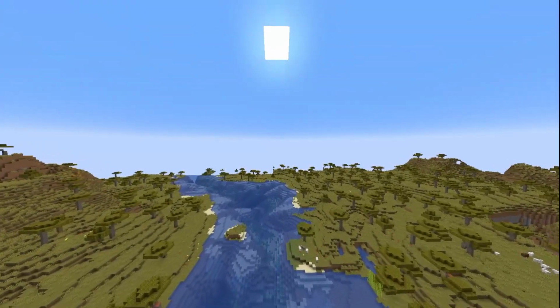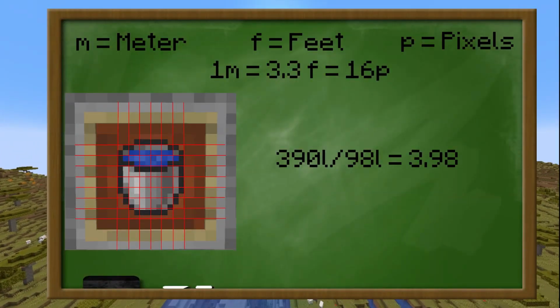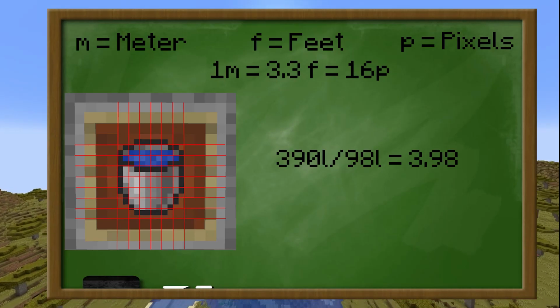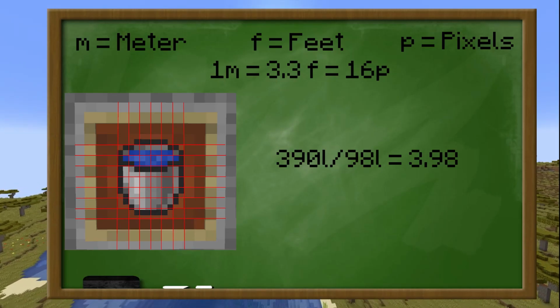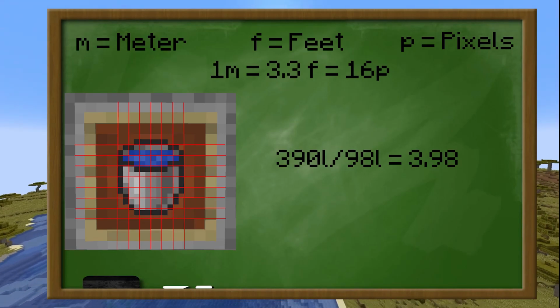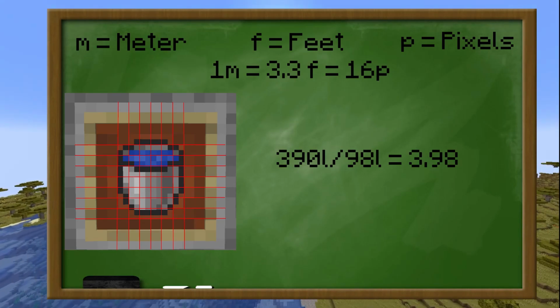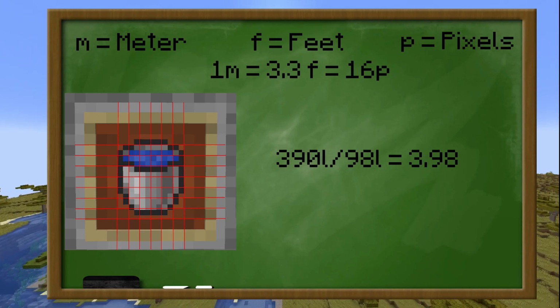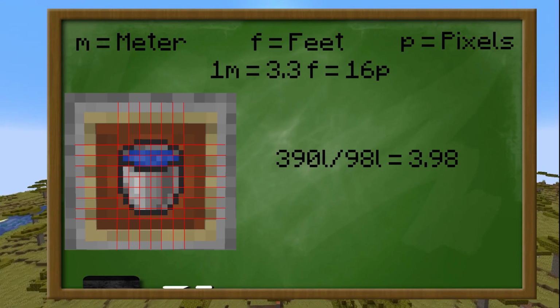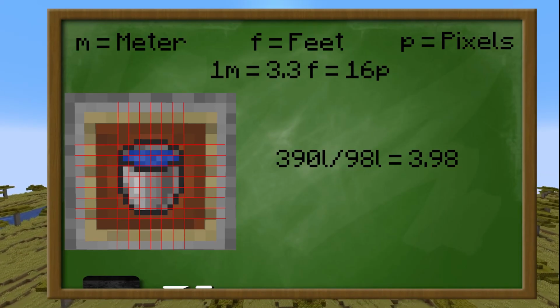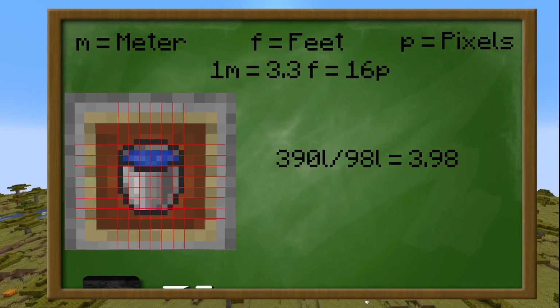So, if we look at the two different bucket calculations, which is almost 4 times the difference, 390 over 98 is about 3.98. But at the same time, the 98 liter bucket is pixel consistent with a block.